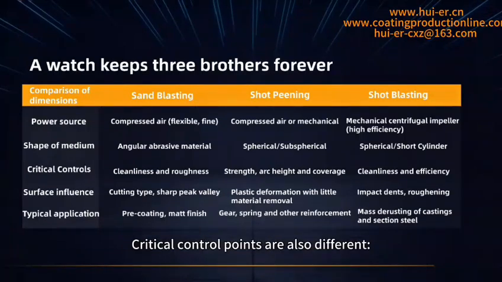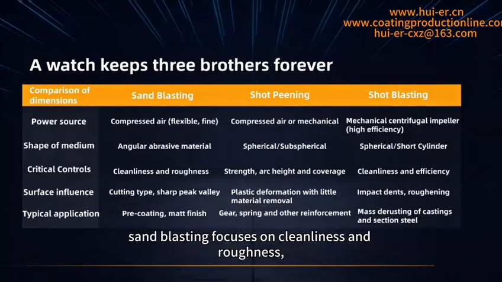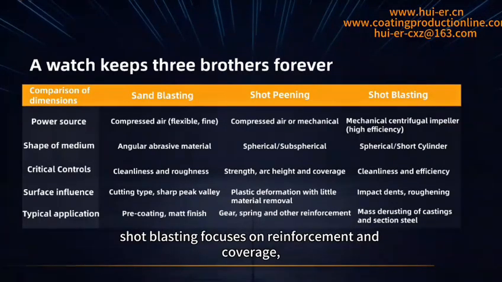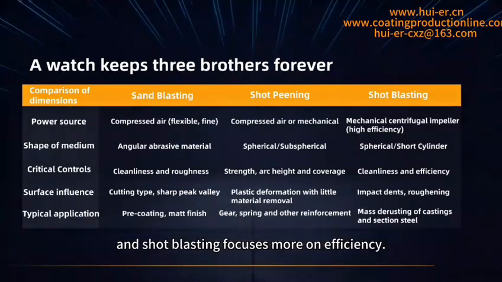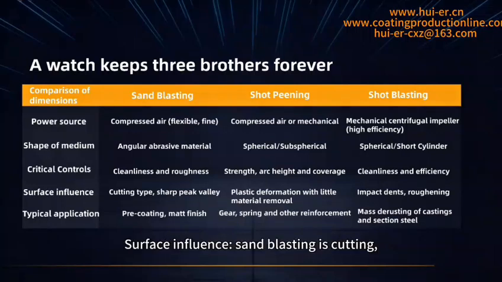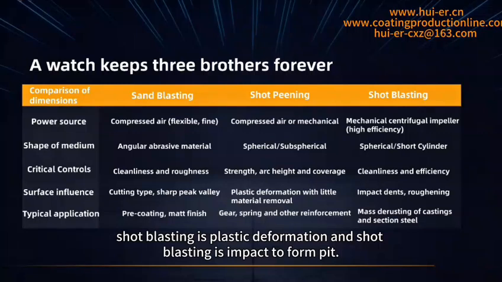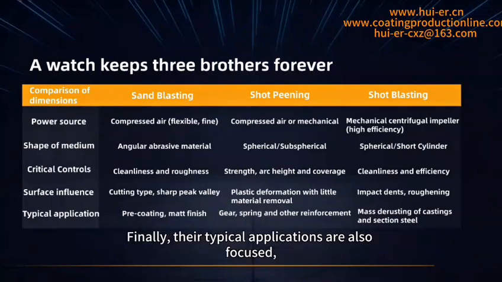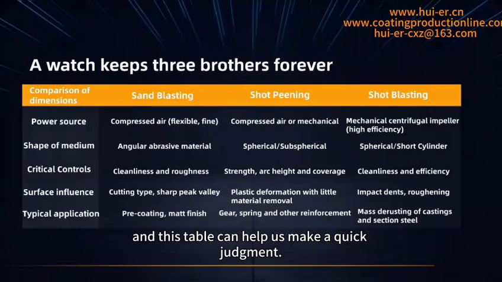Critical control points are also different. Sandblasting focuses on cleanliness and roughness. Shot peening focuses on reinforcement and coverage, and shot blasting focuses more on efficiency. For surface influence, sandblasting is cutting, shot peening is plastic deformation, and shot blasting is impact to form pits. Finally, their typical applications are also different, and this table can help us make a quick judgment.